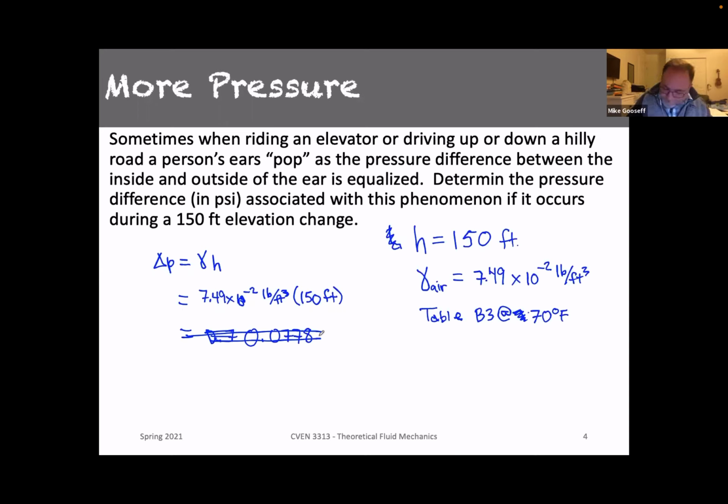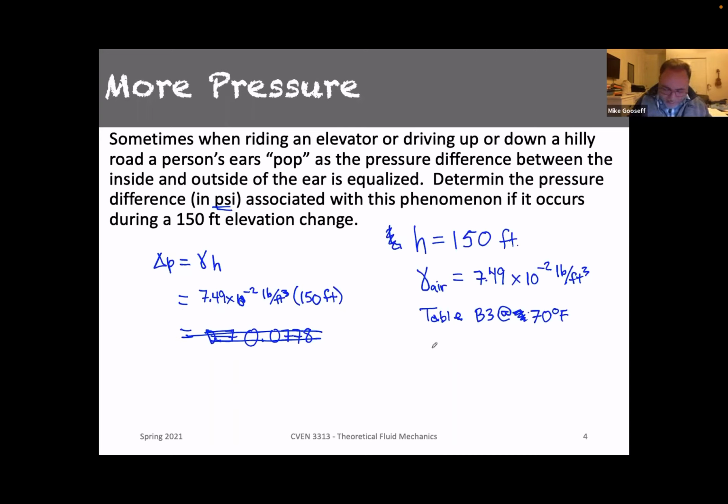So 1 foot square. We can work this out in feet, but when we do that, we're going to end up with a bit of a challenge in the sense that we don't have PSI. We're asked specifically for pounds per square inch instead of pounds per square foot.